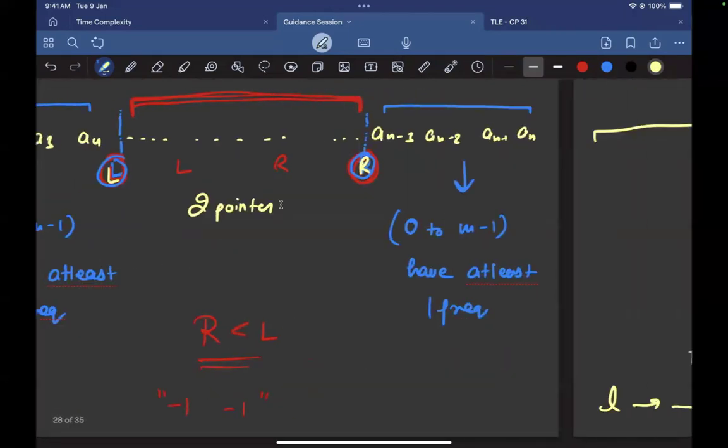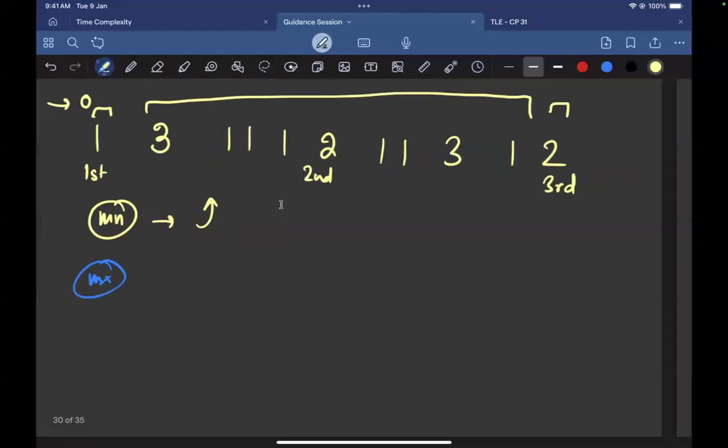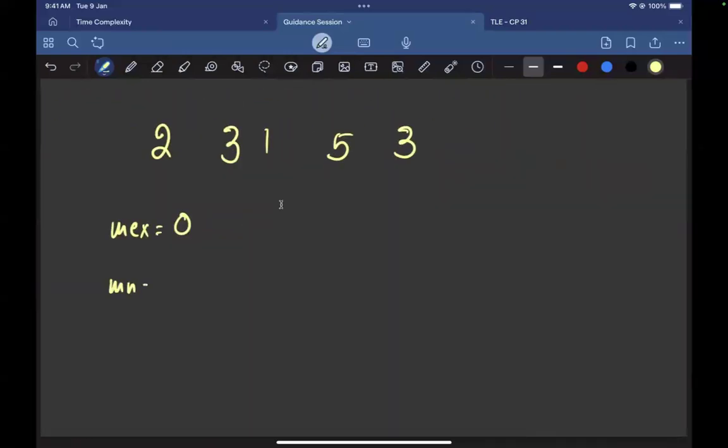Okay. Max is 0. So according to me, Dhruv, the minimum answer that you can actually do is 2 plus 3 minus 9. What is this? Minus 4. And what is mx?